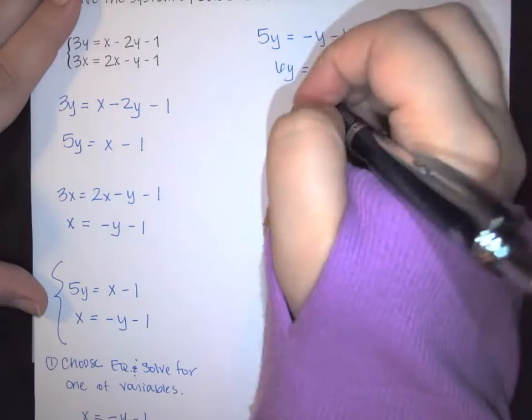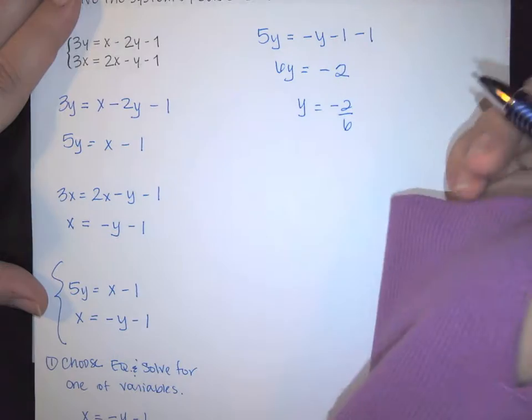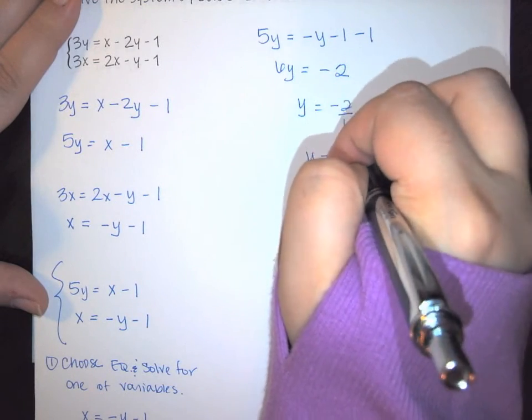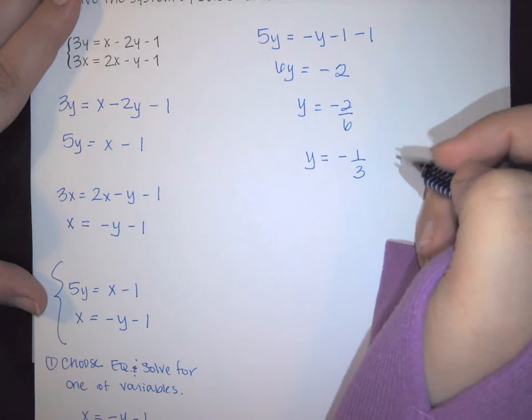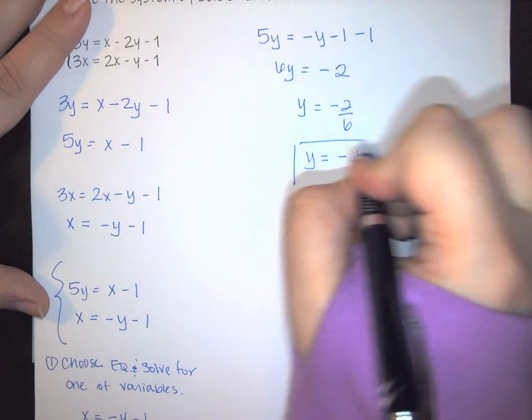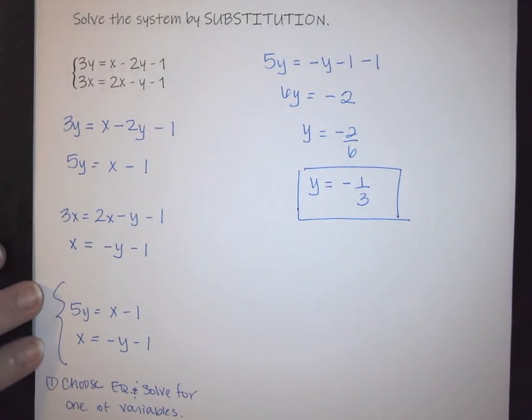Divide everything by 6, we get y is equal to negative 2 over 6, and we have to reduce. So we get y is equal to negative 1/3. One of the things you can see right off the bat is I've already found one solution, which means this is a one solution system.